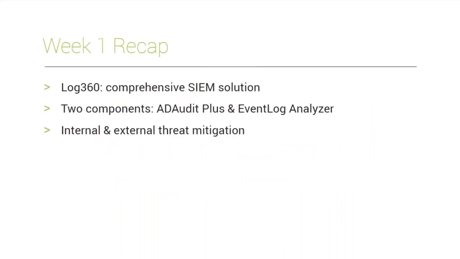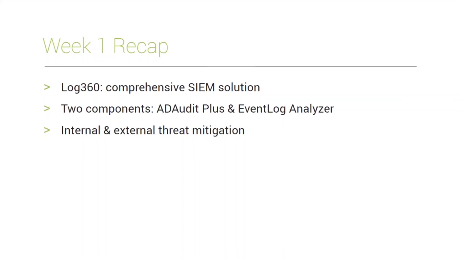For those of you who are joining us today, in yesterday's workshop, we discussed what Log 360 is. I gave you an overview of the product and explained the two main components that make it up, ADAudit Plus and EventLog Analyzer. We looked at some of its features and how this solution can be used in threat mitigation.